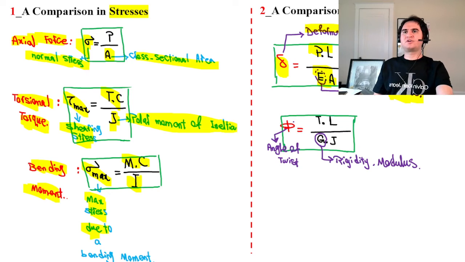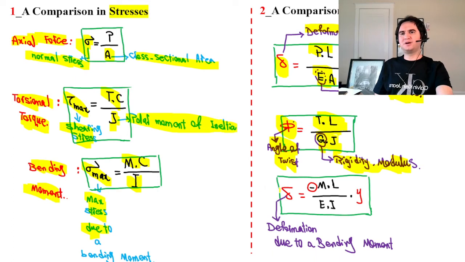And in torsion, phi, the angle of twist, is TL over GJ: torsional torque times the length of shaft over rigidity modulus times polar moment of inertia. And in a bending moment, delta is negative ML over EA times y, and that's deformation due to a bending moment.